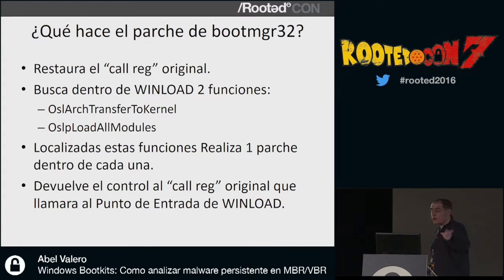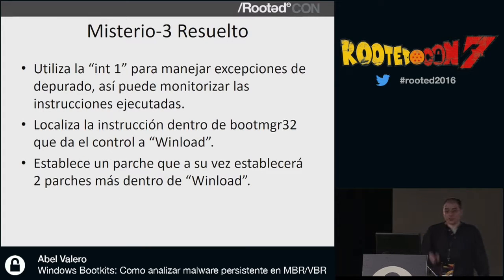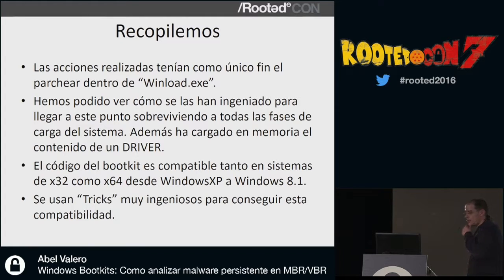Once it finds the functions, it applies one patch to each one, returning control to the original call reg that will call the entry point for WinLoad. It was looking for a sequence in order to apply the patch. So everything we've seen so far, the main purpose is to survive different changes in the processor and patch WinLoad.exe.